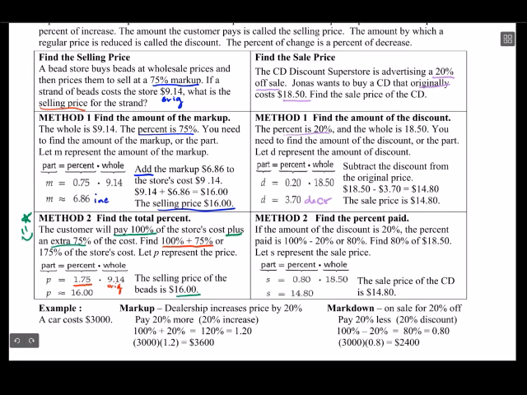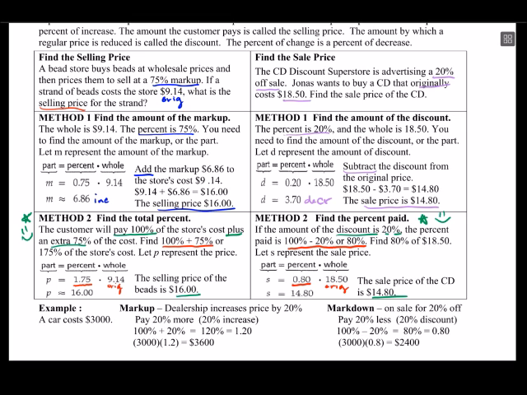So we would subtract from the original, and then our sale price would be $14.80. But once again, the easier way to do this is to subtract our 20% from our 100%, and then we know that we are only paying 80% of the original price, and we end up with a sale price of $14.80.